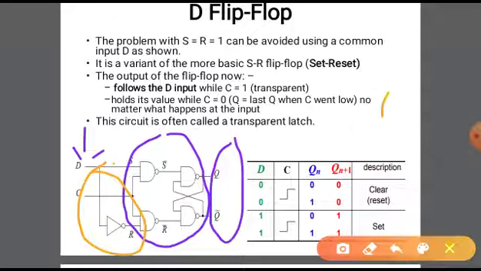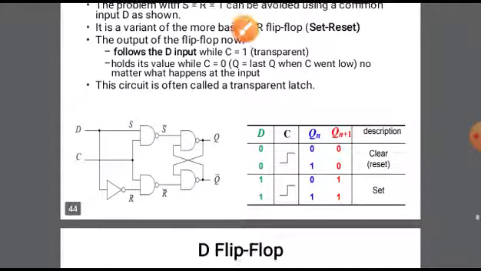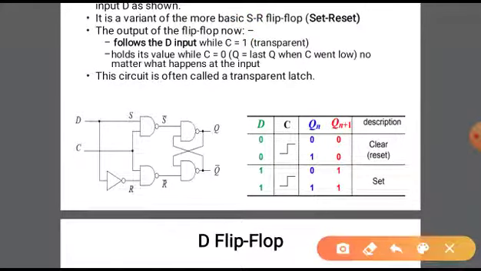So with only one input, when D is equal to 0, the condition is clear, the output is 0, same input and same output. With 0 input, 0 output, and with 1 input, that is set mode, the output is 1.